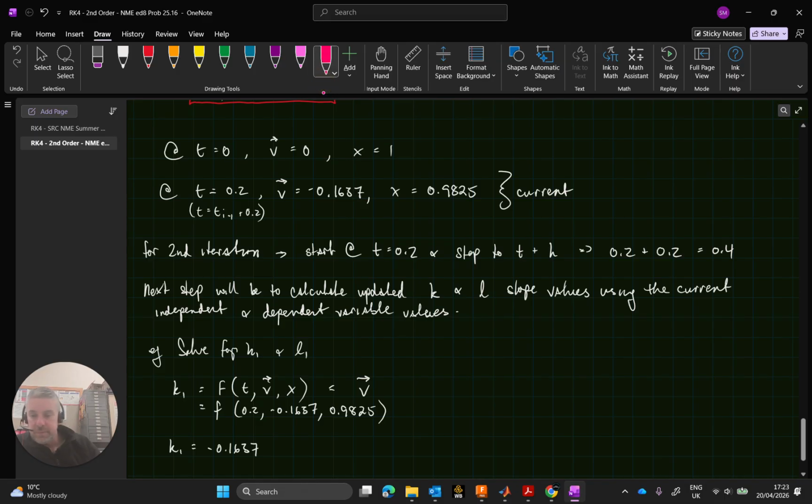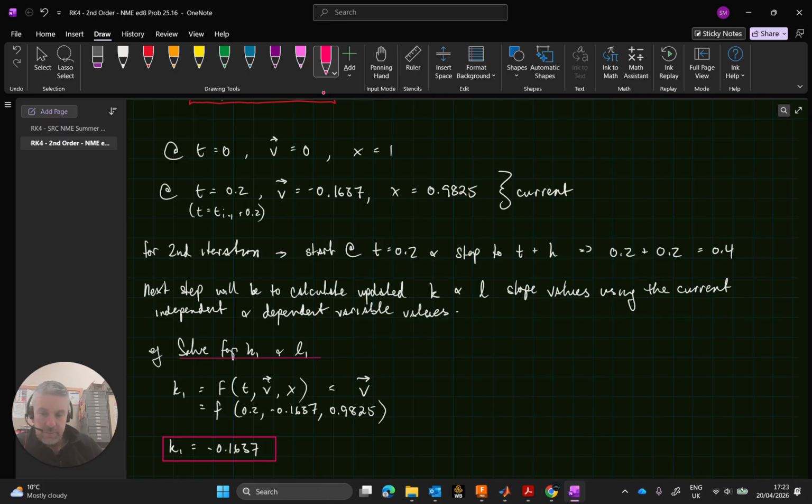Right? Then L1 is going to be the identical same, except it'll be the g function, 1 over m by cv plus kx quantity.